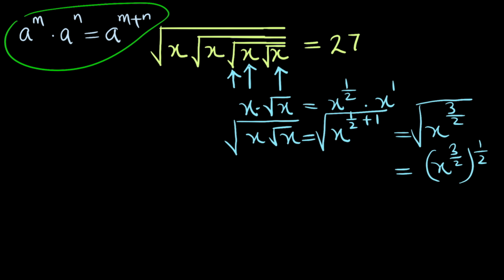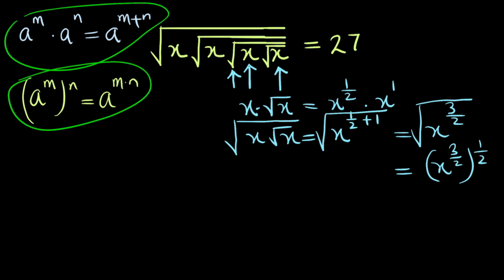Let's quickly apply another law of indices, which says when you have a raised to power m, then raised to power n, you can simply open up the bracket to give you a raised to power m times n. So applying that also to the right hand side, the equation becomes equal to x raised to power 3 over 2 times 1 over 2 is simply 3 over 4. So now we have done all of this.